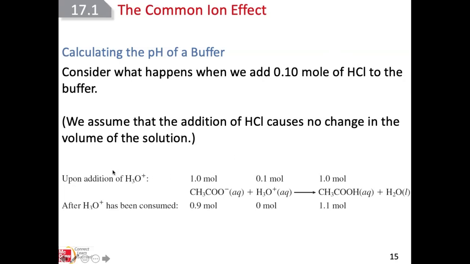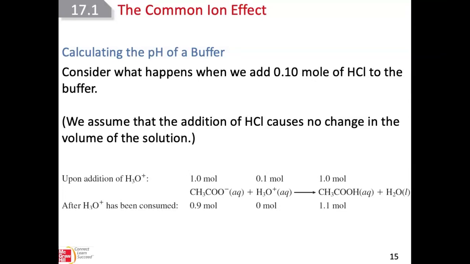So now we're adding H3O+, 0.1 molar HCl, and 0.1 molar HCl has 0.1 mole of the H+ or H3O+. So this is our initial concentration of the acid when I'm adding the acid to the buffer solution.